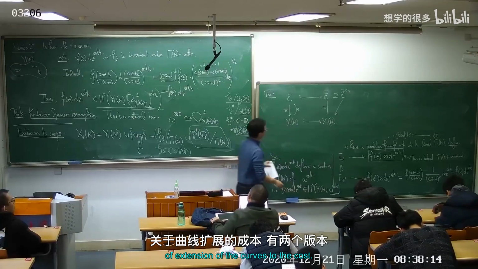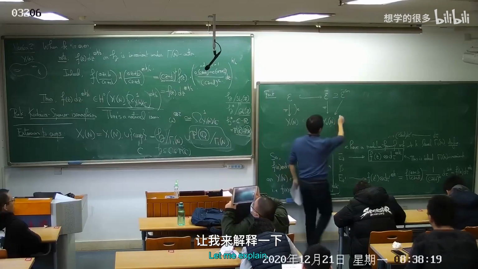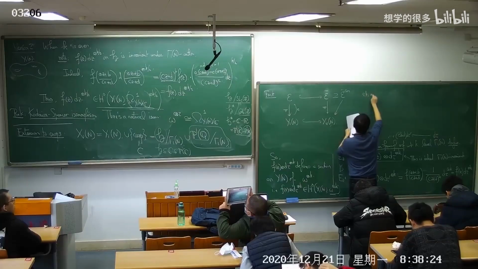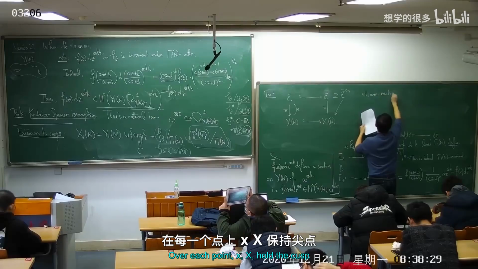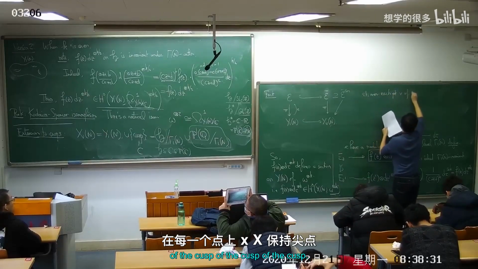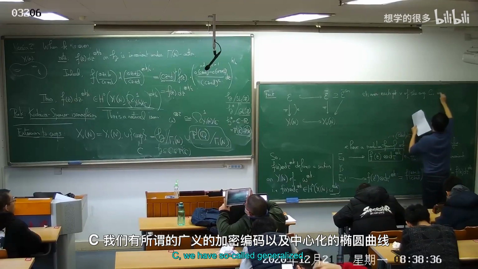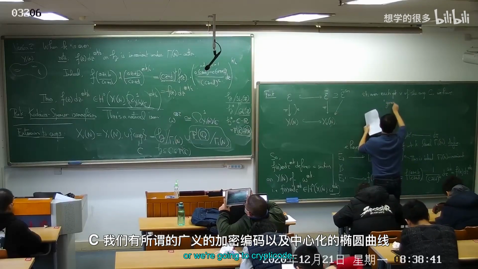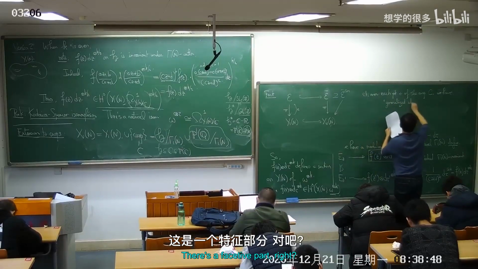There are two versions of extension of the curves to the cusp. Such that over each point x of the cusp set C, we have a so-called generalized elliptic curve.